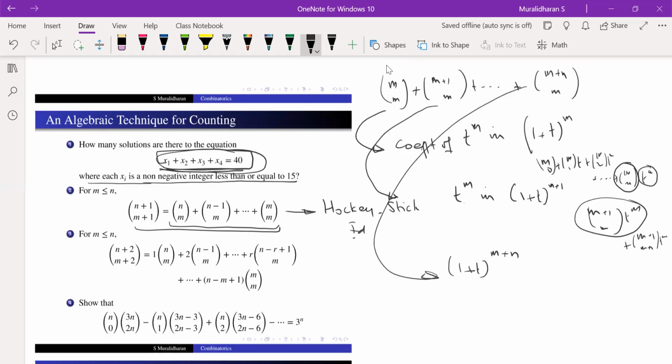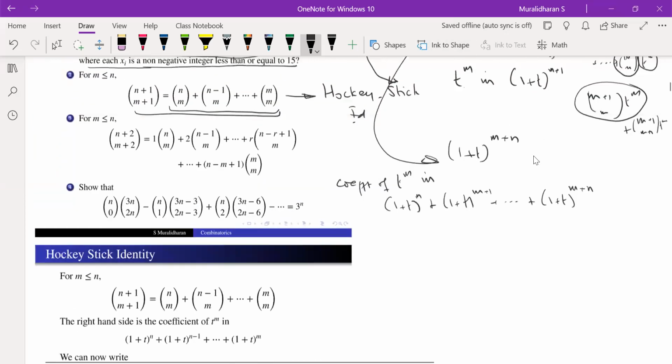So what happens now? This is actually the coefficient of t power m in this expansion, which is (1 plus t) whole power m plus (1 plus t) whole power m plus 1 and so on up to (1 plus t) whole power m plus n. Okay.